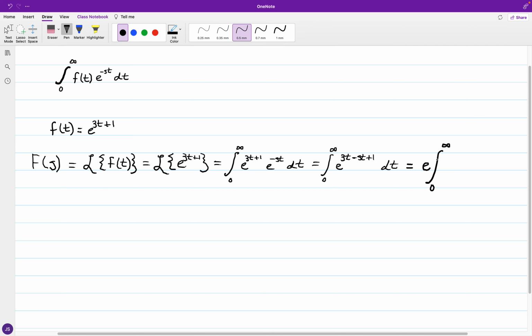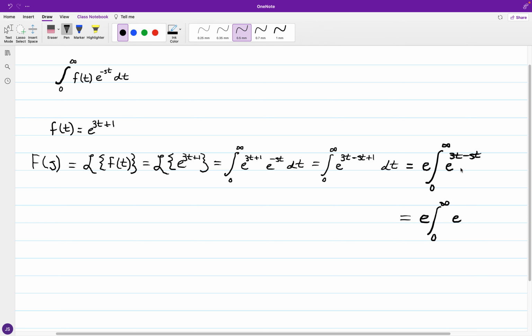And so we have e times the integral as t goes from 0 to infinity of e to the 3t minus st. Just putting the variable exponent in factored form, we have e times the integral as t goes from 0 to infinity.